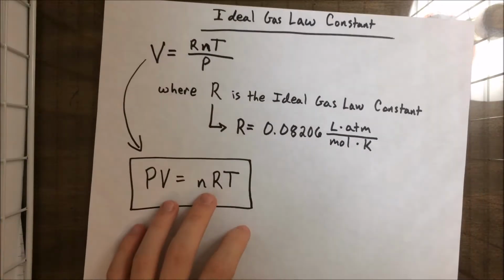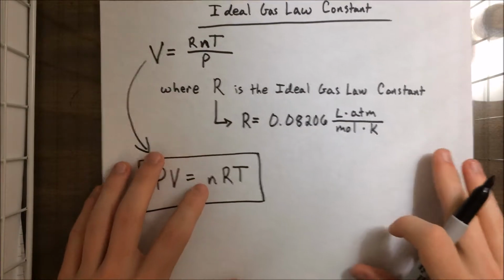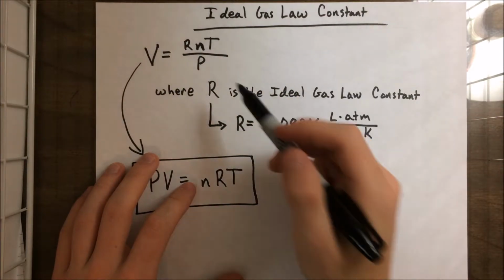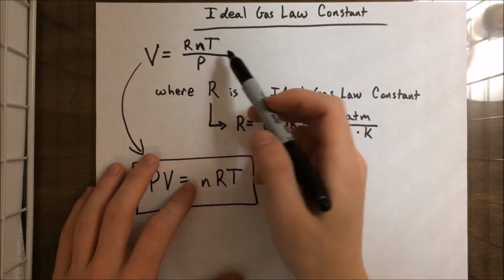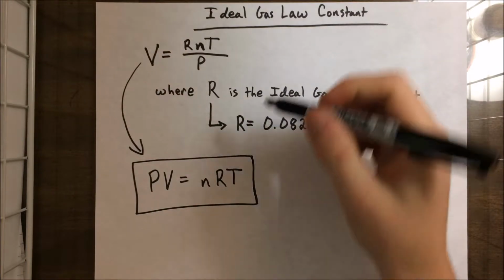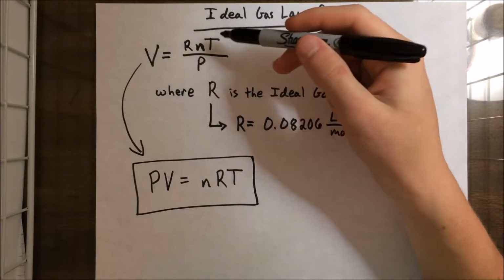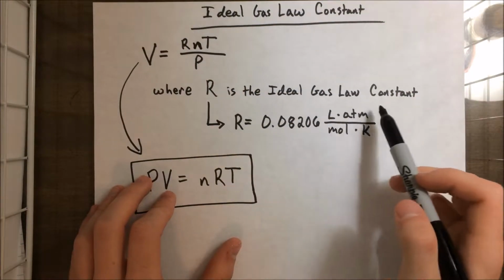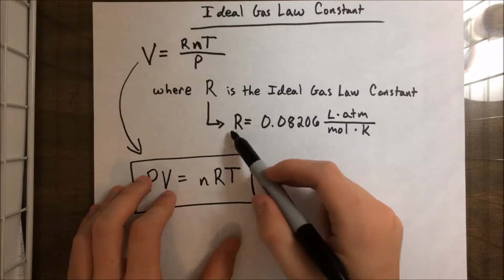We can represent the ideal gas law with this equation: V, the volume, is equal to R n T over P. R is not one of the gas properties, it's the ideal gas law constant, and this is what it's equal to right here.